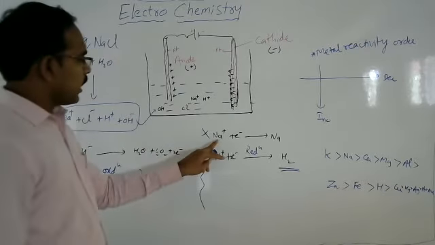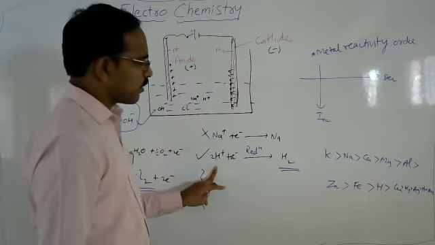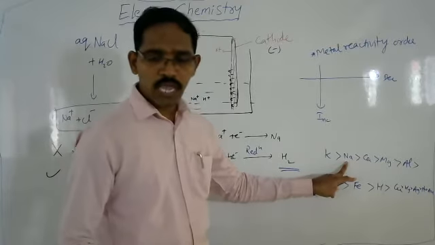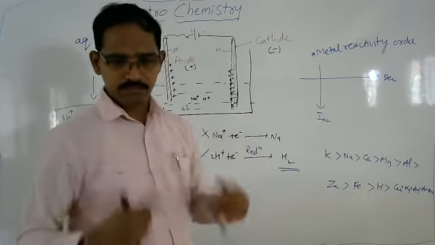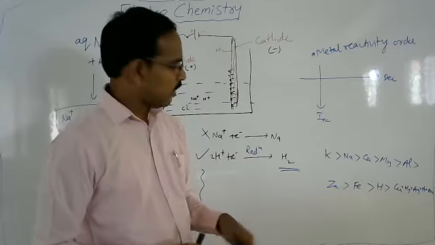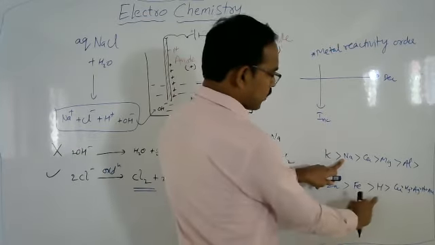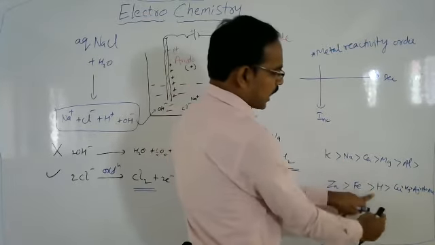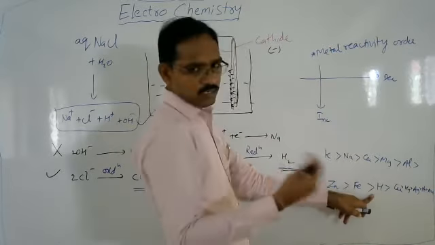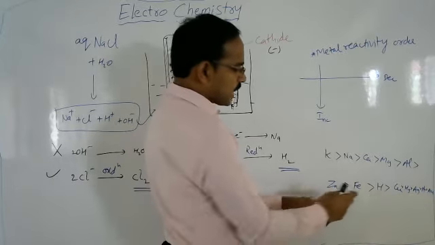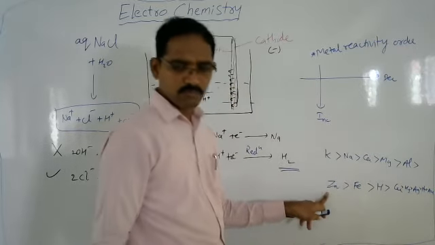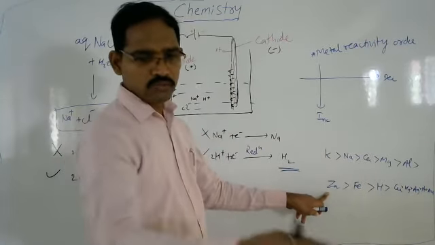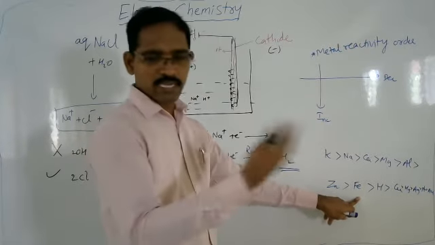Suppose Na plus and H plus are there. Which is more reactive? More reactive means losing electron. Less reactive is taking electron. So sodium and hydrogen, hydrogen will take the electron. If hydrogen and copper are there, copper will take the electron. If zinc and iron are there, iron will take the electron, zinc will lose the electron.